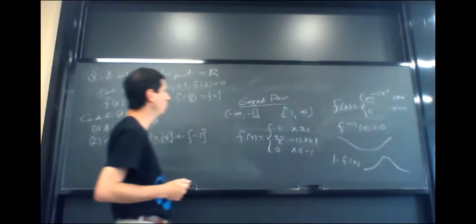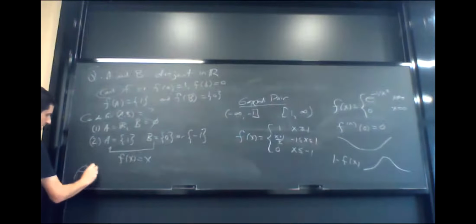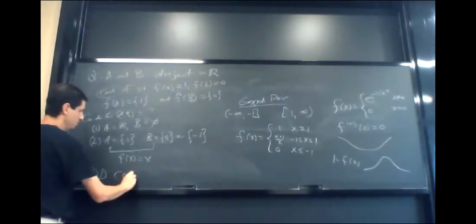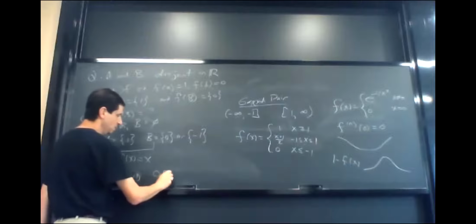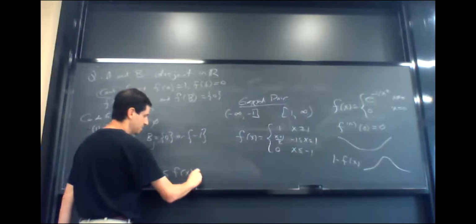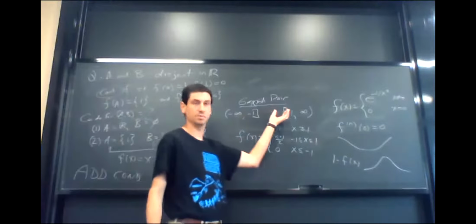The next condition I might want is to add the condition that f of x is between 0 and 1. I want it to be 0 if I'm in B, 1 if I'm in A. And so in this case, that's not a problem.